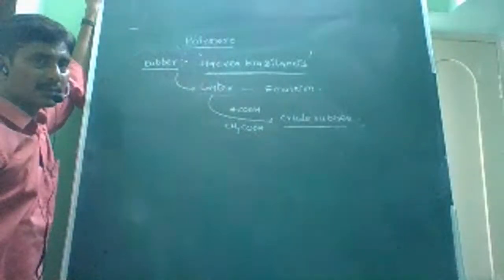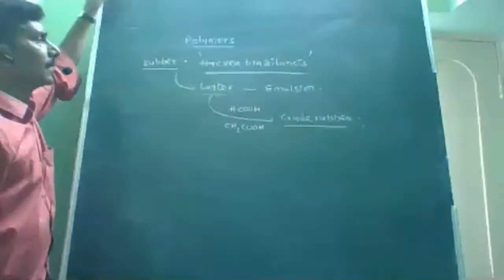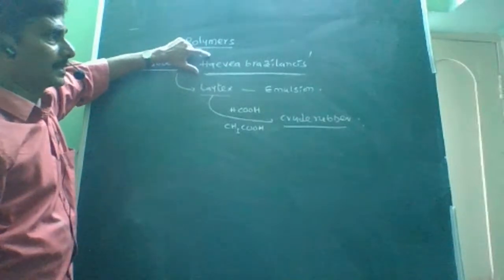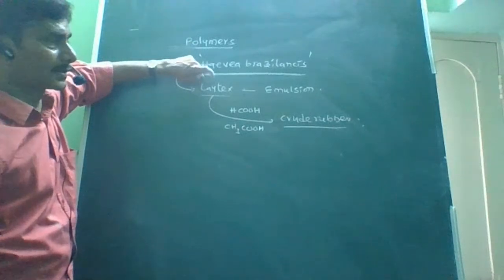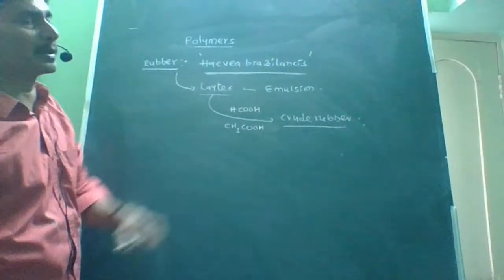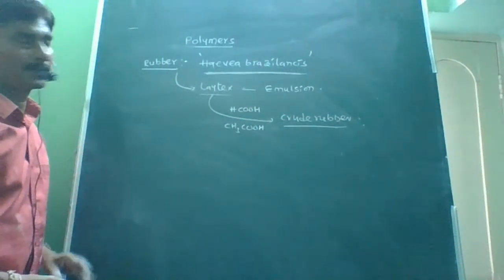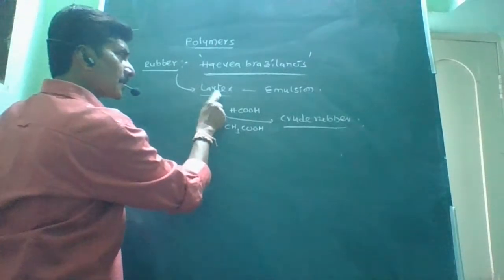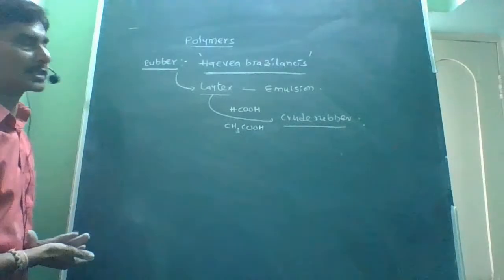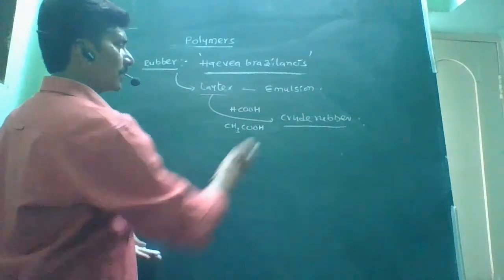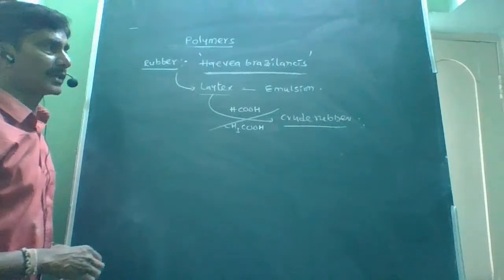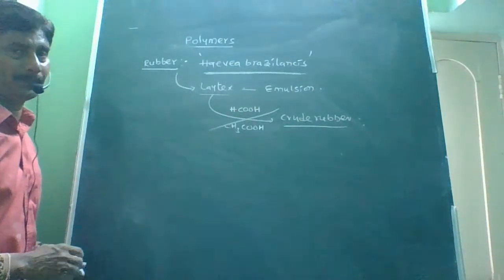A milky suspension which is obtained from these rubber trees is known as latex. Latex is one type of emulsion. This latex contains negative particles of rubber, which can be coagulated by addition of formic acid or acetic acid to form a crude rubber.